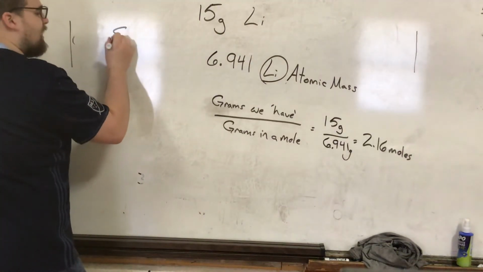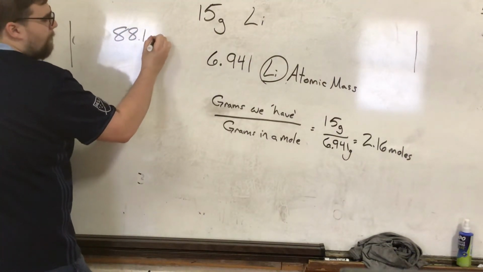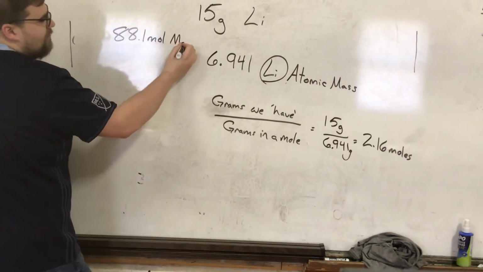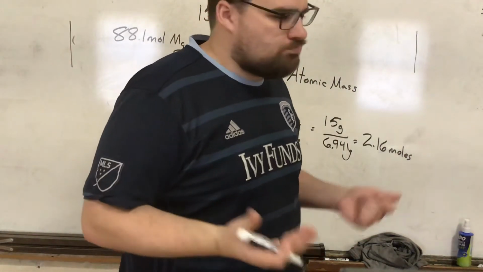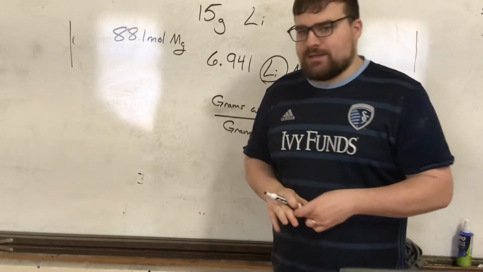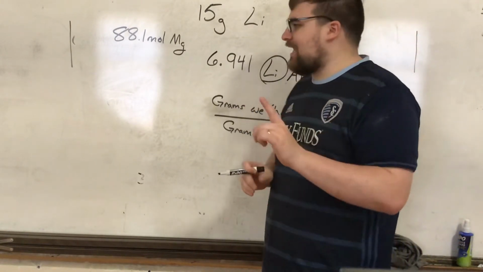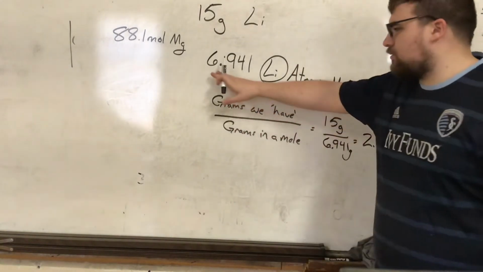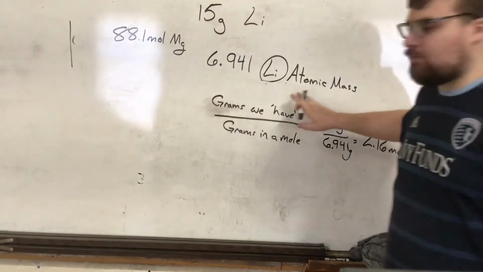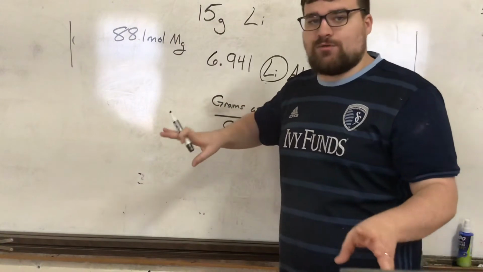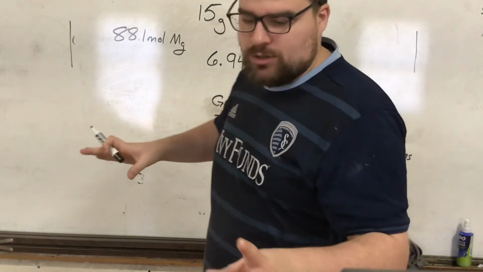We have 88.1 moles of magnesium. Does it tell us anything about grams here? No. But what we can still look at is how many grams are in a mole, just like we did before. This is going to be really critical information regardless of what the problem looks like.